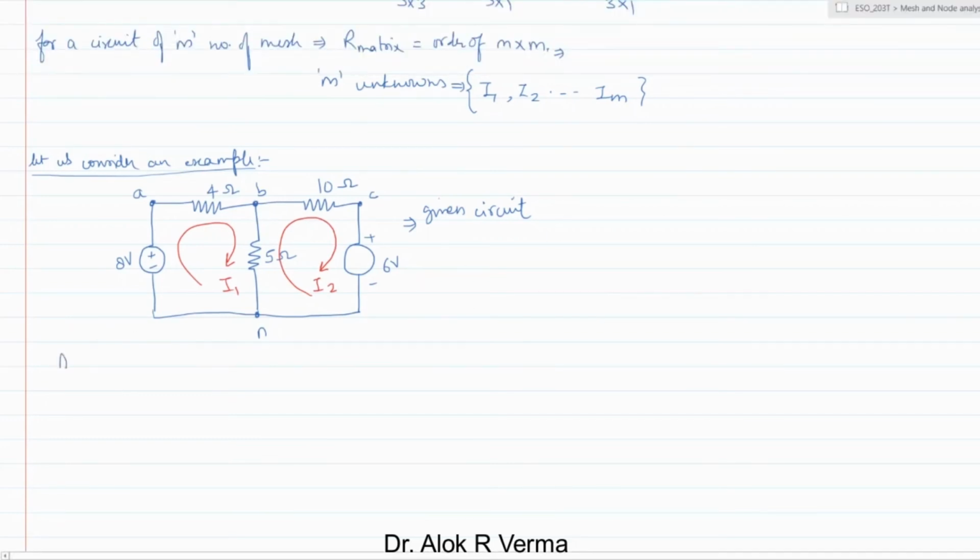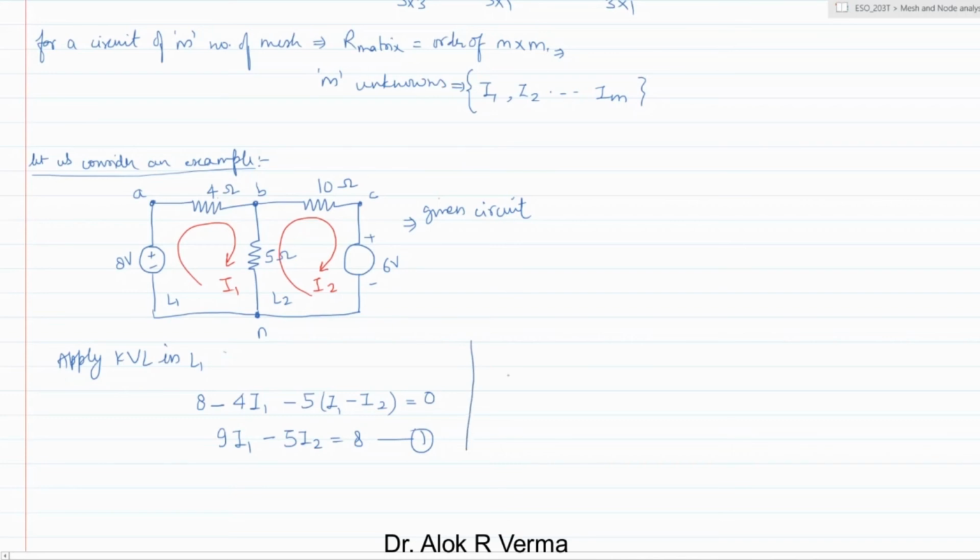Now apply KVL in loop L1 and write the equation. So 8 minus 4 into I1 minus 5 of (I1 minus I2) is equal to 0. Okay, so if we write it, it will be 9 I1 minus 5 I2 is equal to 8. So this is equation number 1.